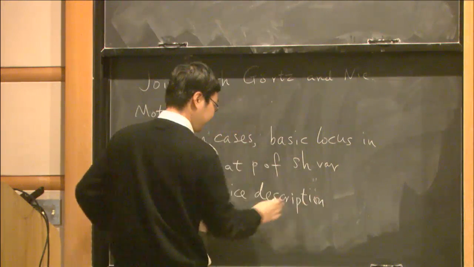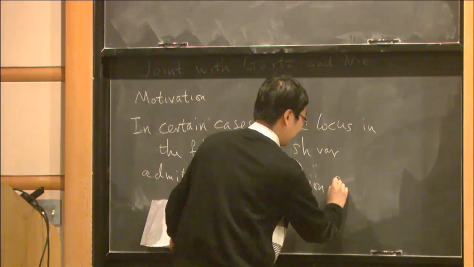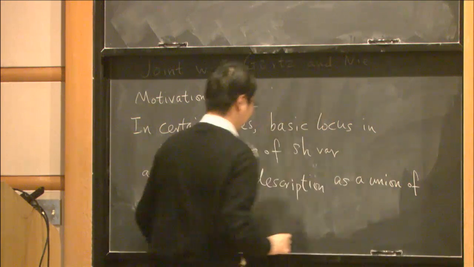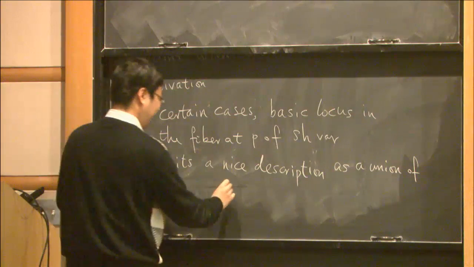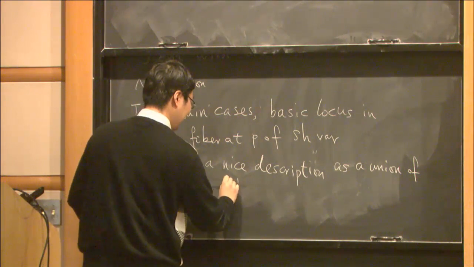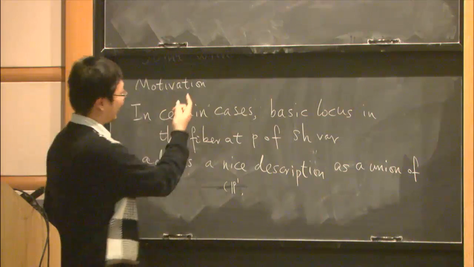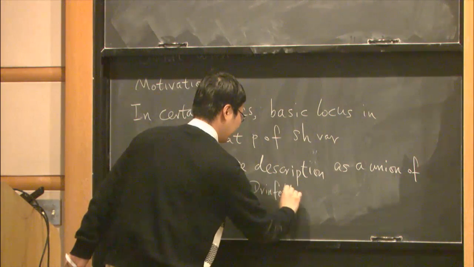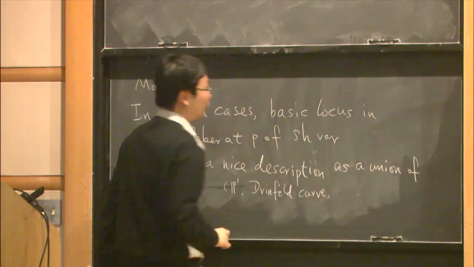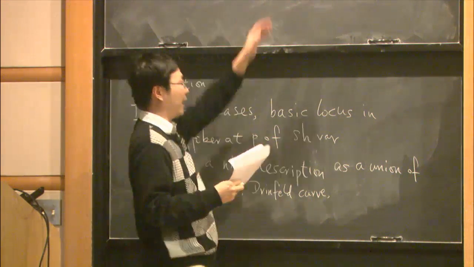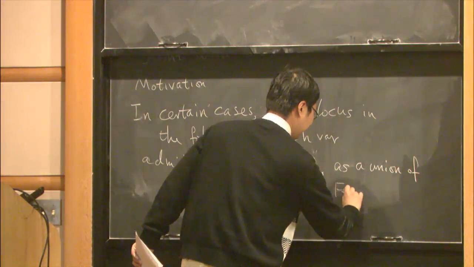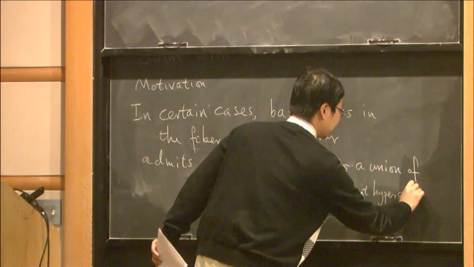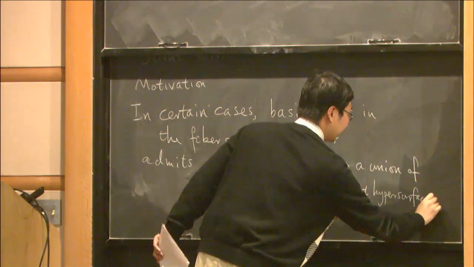The description is as a union of, you can say, P1, or in some other cases it could be the Greenberg curve, or in Howard-Pappas, this could be the Fermat hypersurface and so on.